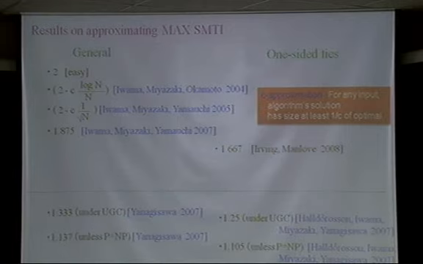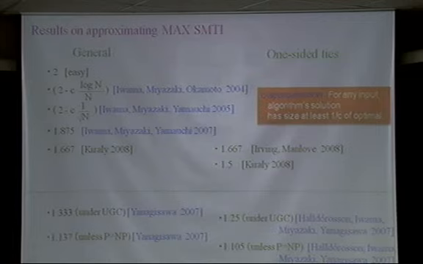And other researchers presented a better ratio for the one-sided tie case. And after that, a researcher from Hungary improved our result the next year to 1.667, which is 5/3.